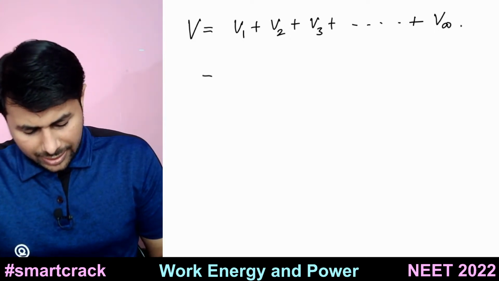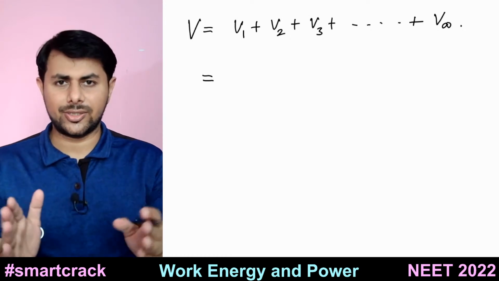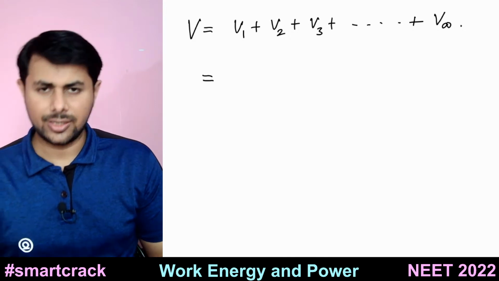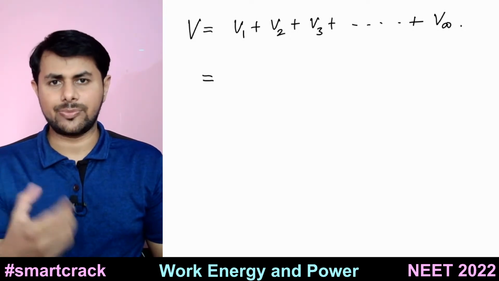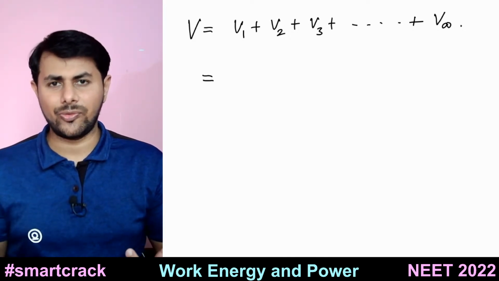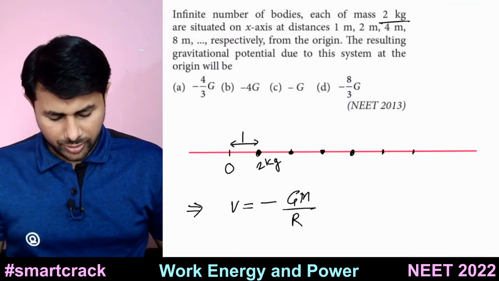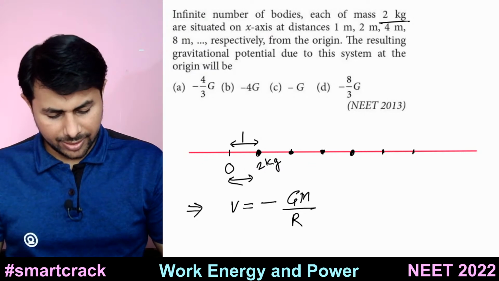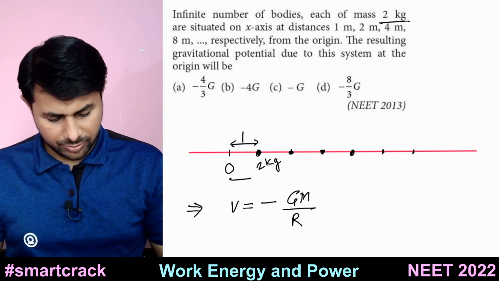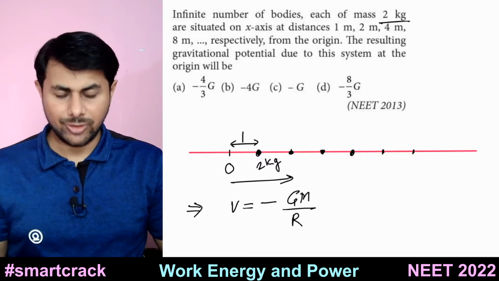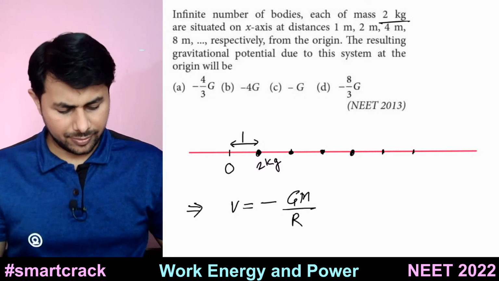What will be the distance of all these bodies from the origin? For the first body, let's suppose it is R. For the second one, it will be 2R. For the second body, this distance will be 2 times R. For the third body, it will be 3 times R, and so on.